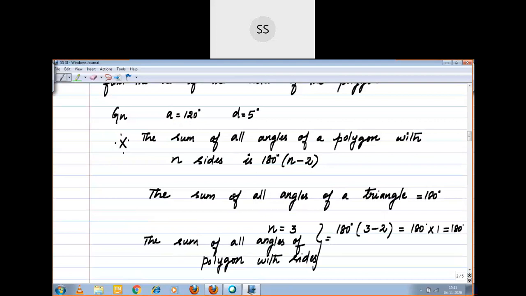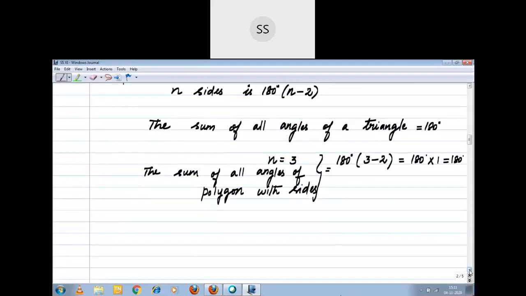Got it, children? Am I right, children? One more thing I am going to prove. You have to listen. Sum of the angles of a quadrilateral. What is it? Sum of the angles of a quadrilateral means what? 360 degrees. That is your answer, right? Quadrilateral means what? How many sided figure is that? 4-sided figure, right?